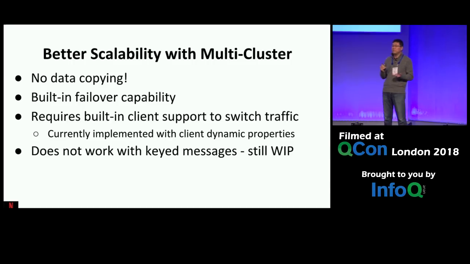We currently implemented that capability to switch client traffic by some kind of dynamic properties integration in our client applications. That means our client applications can react to runtime property changes without restarting.